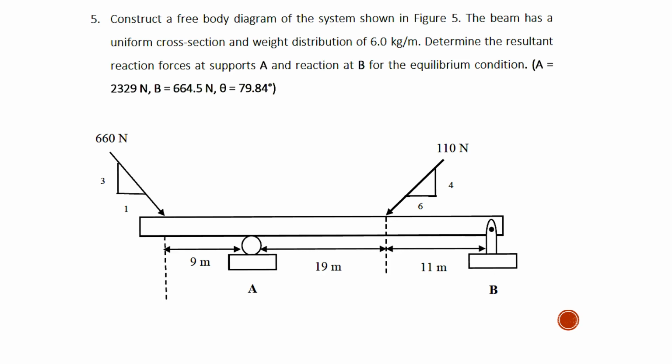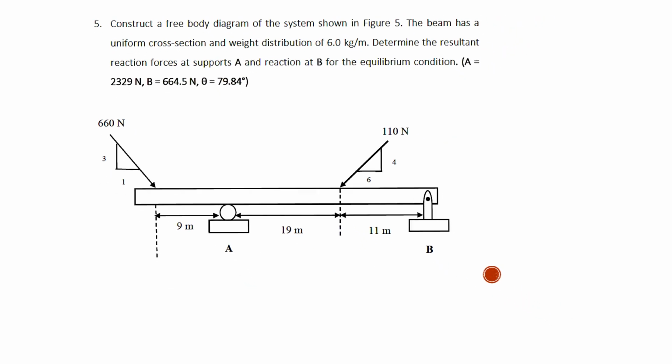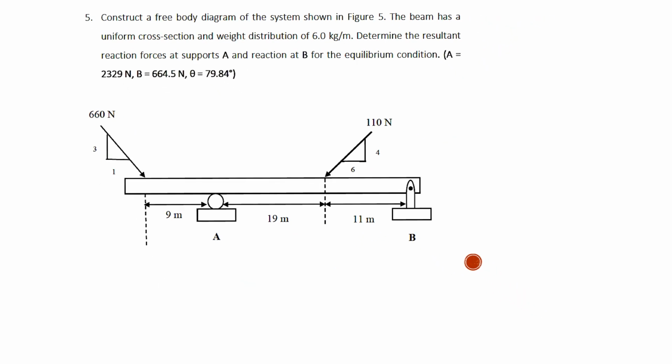Okay, so this is one of the real questions that I'm going to ask you. The question asks you to construct a free body diagram, and please take note, I put it here, the beam has a uniform cross section and it's not weight distribution, it's actually mass distribution of 6 kg per meter.